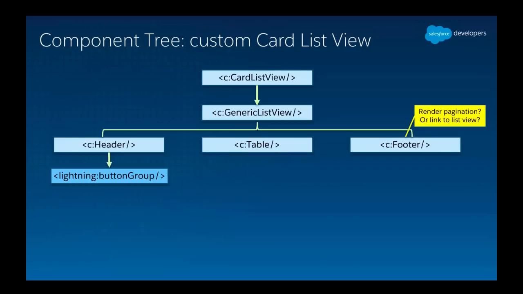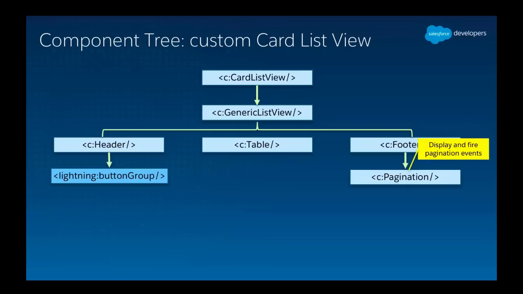The footer will allow me to define whether I need, for instance, pagination, which is that component right over there. And that pagination component can fire events saying, please, let's navigate to the next page, and so on, and therefore we need to refresh the data.